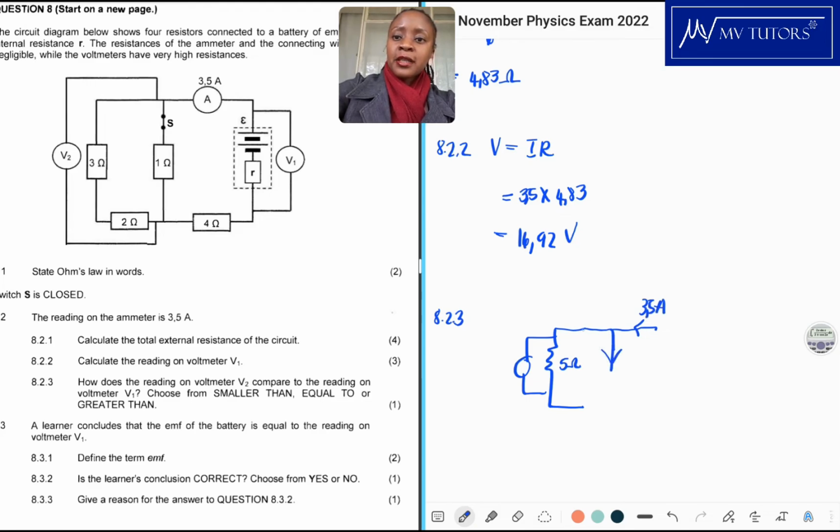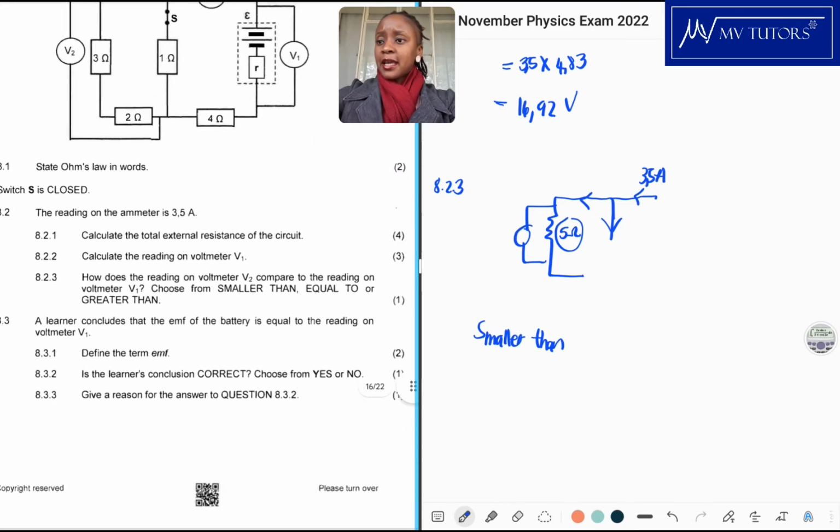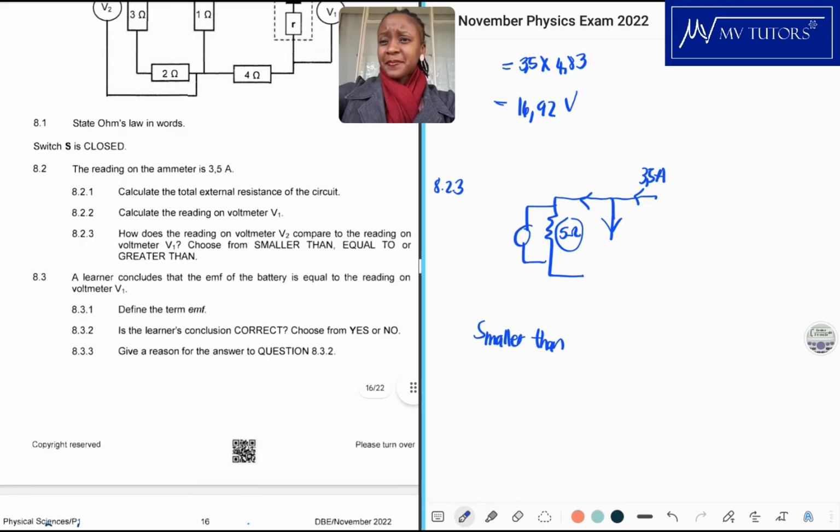Then only a portion of it goes to the 5 ohm resistor, maybe 2 multiplied by 5, that's like 10. So the reading on voltmeter V2 is definitely going to be smaller than V1. I hope you see that and agree. It's just 1 mark.